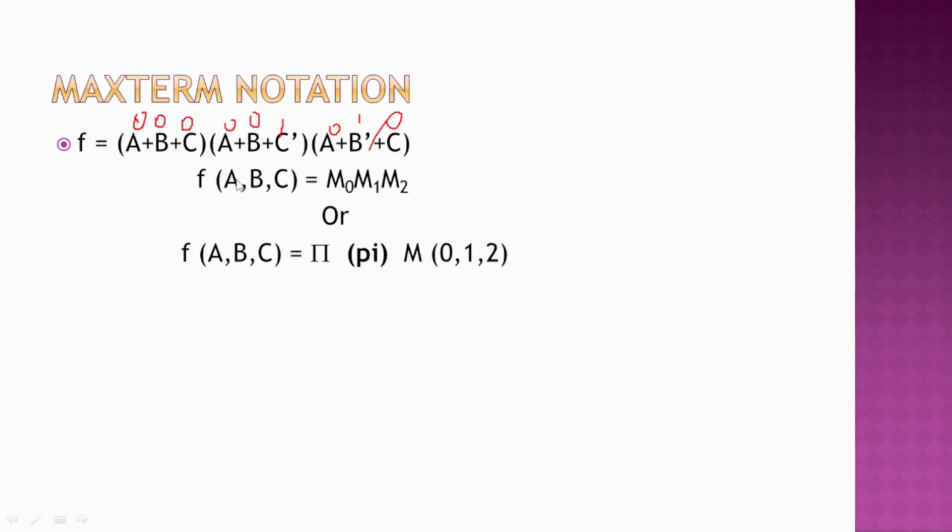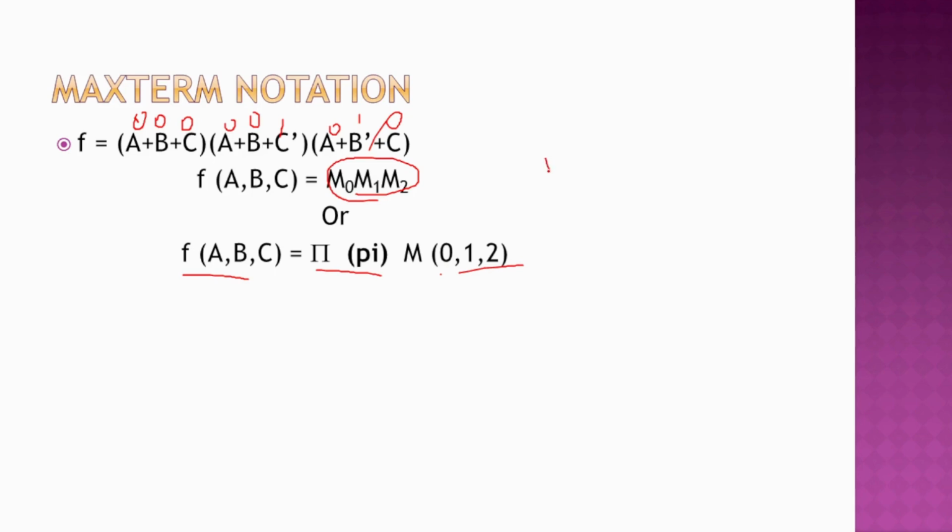So function of A comma B comma C is written as M0 M1 M2, or you will represent the Maxterm notation as function of A comma B comma C equal to pi of these three values. The M will be a common variable, so take M outside from the values. Afterwards, you will get the values 0, 1, 2.